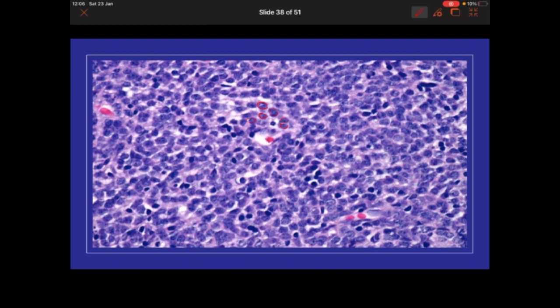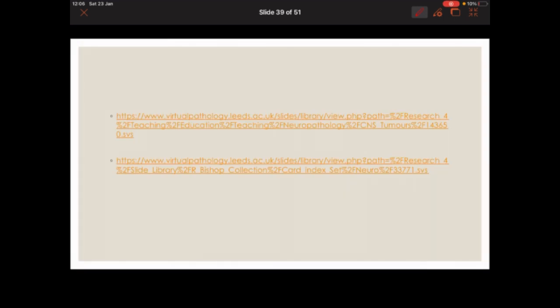They are uniform, rounded, with scanty cytoplasm. The cytoplasm is very minimal, so they have a very high nuclear to cytoplasmic ratio and appear small. They look primitive and have brisk mitotic activity.